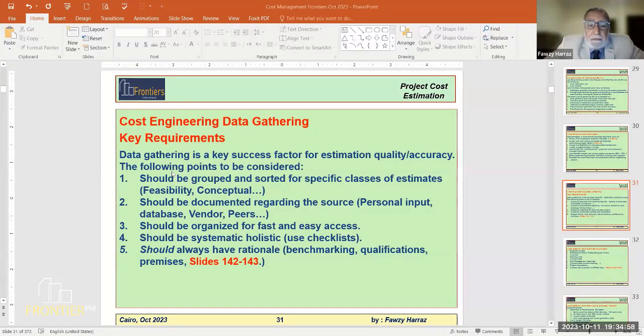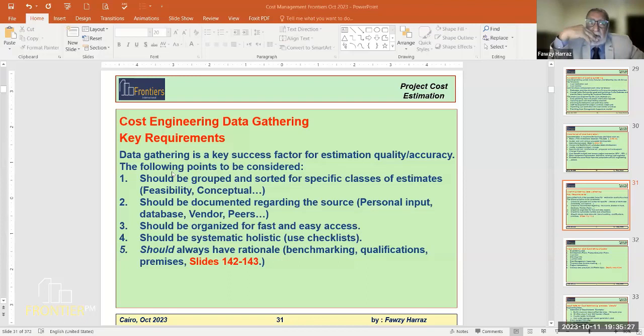As point number 3, it should be organized for fast and easy access. Should be systematic, holistic. Holistic means complete, comprehensive, using checklists. By the way, one of the tools for a good cost estimate is using checklists so that we do not forget anything.